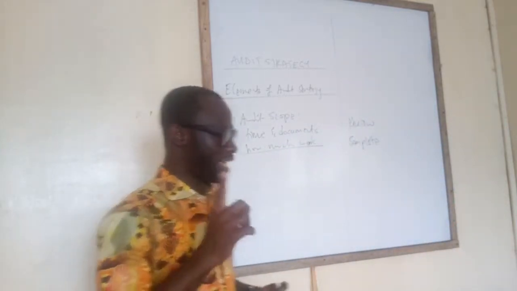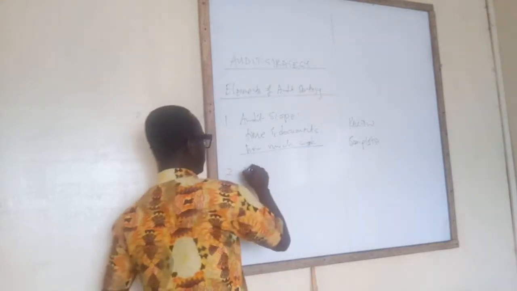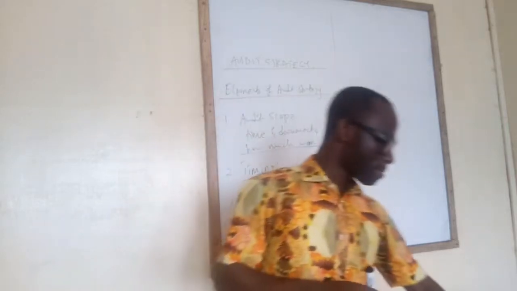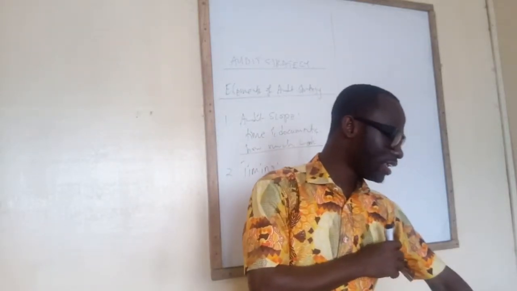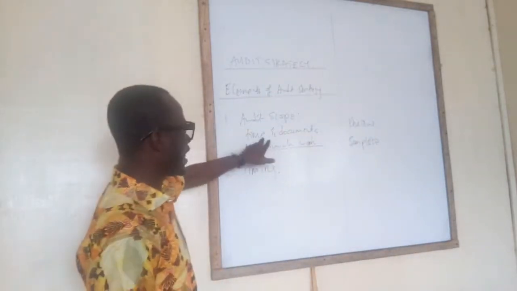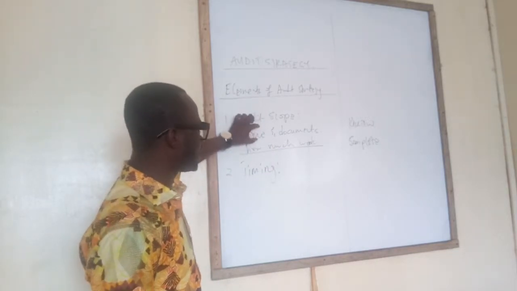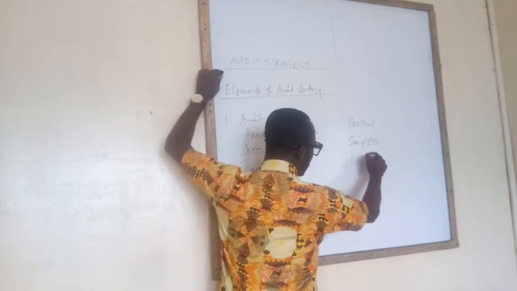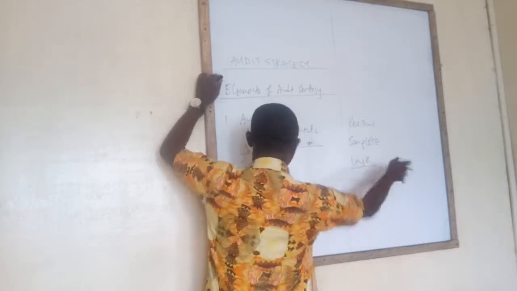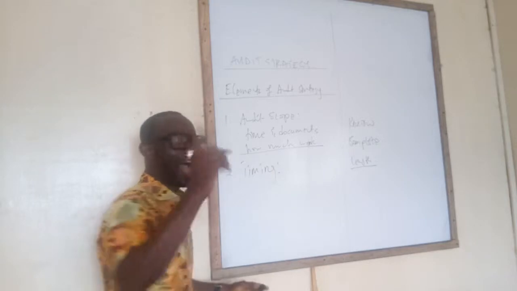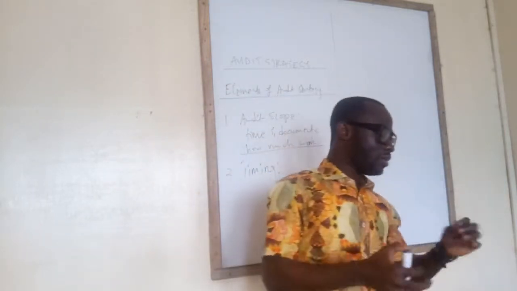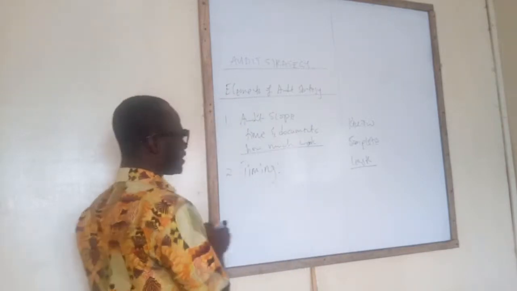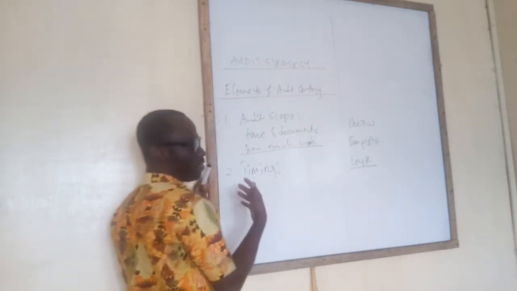Two is timing. Now the time we are talking about here in the scope has to do with how long it's going to take, the length of the audit. But the timing here has to do with the time to start the audit and the time to finish the audit, as well as the time to visit the client's company.